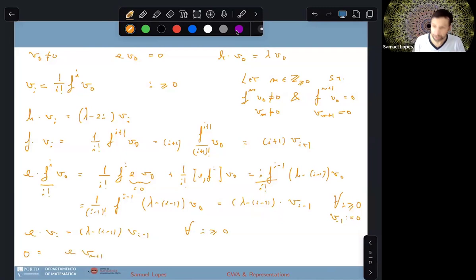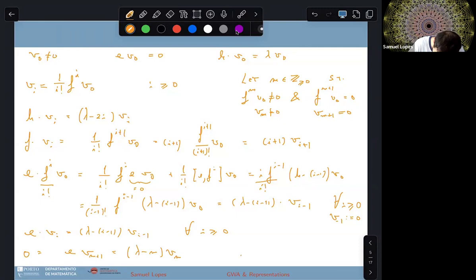So if Vm plus 1 is equal to 0, when I act on it by E, certainly I get 0, because E acting on 0 is 0. But if I use the formula that I just wrote up there, this should be equal to lambda minus m times Vm. But Vm is not 0. So how can a multiple of Vm be 0? Well, if the scalar is 0.